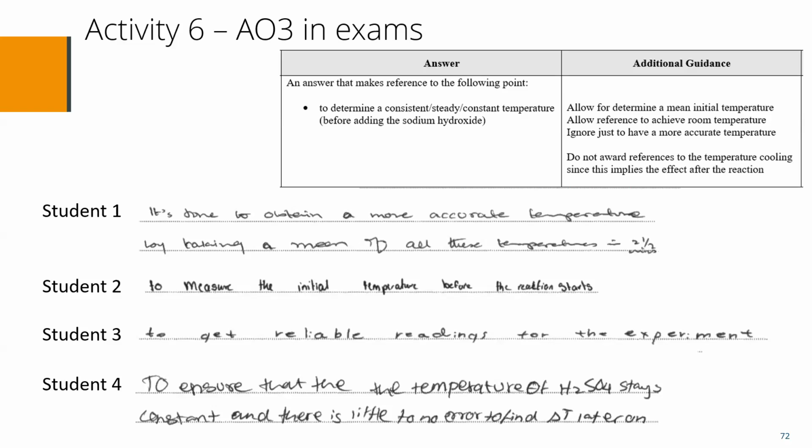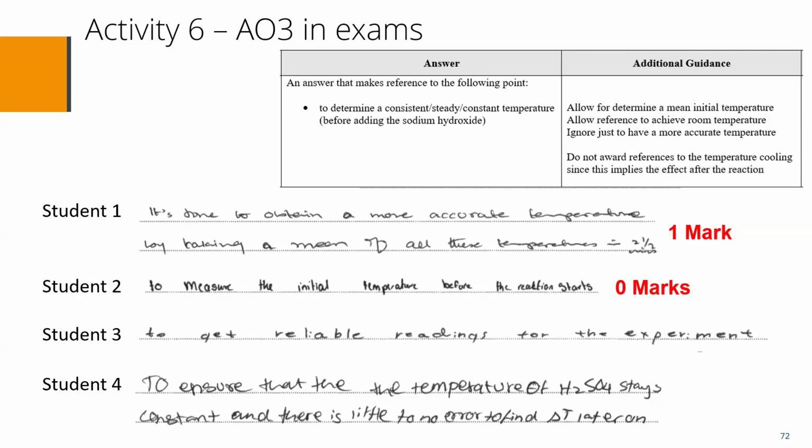There's student 1. It's done to obtain a more accurate temperature is an ignore. By taking the mean of all of these temperatures in the 2.5 minutes is an allow. So 1 mark. Measure the temperature before the reaction starts is not acceptable within the mark scheme.